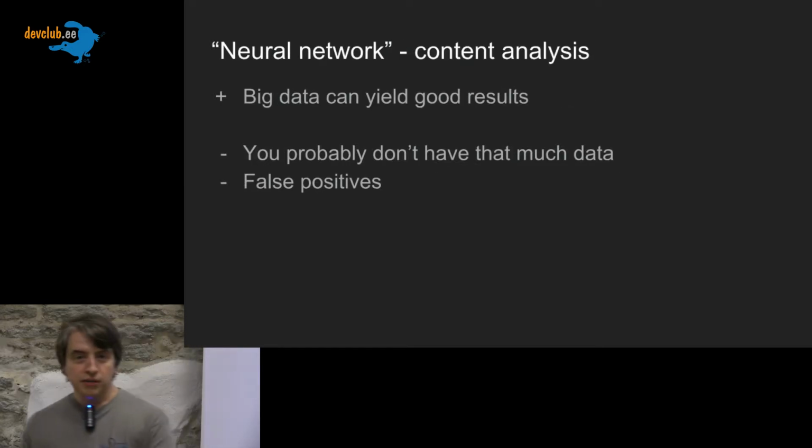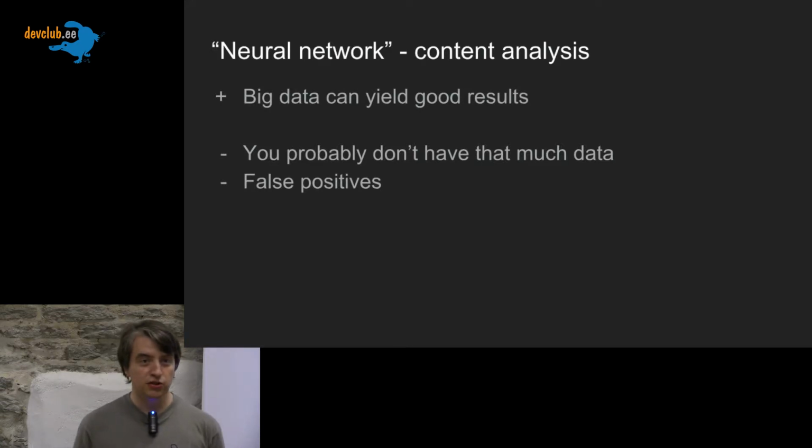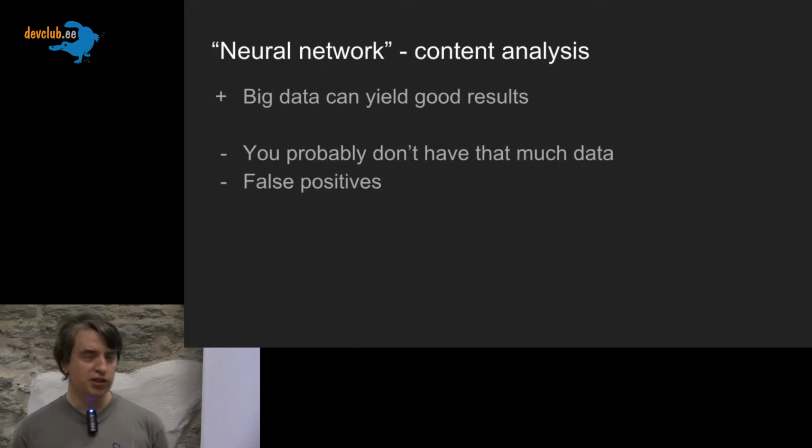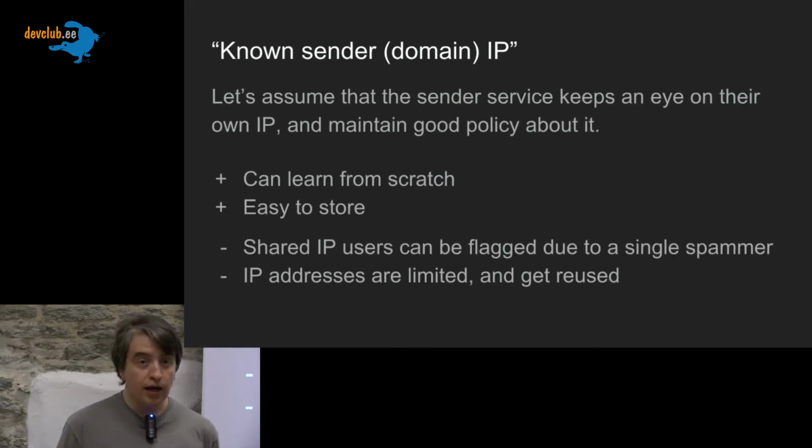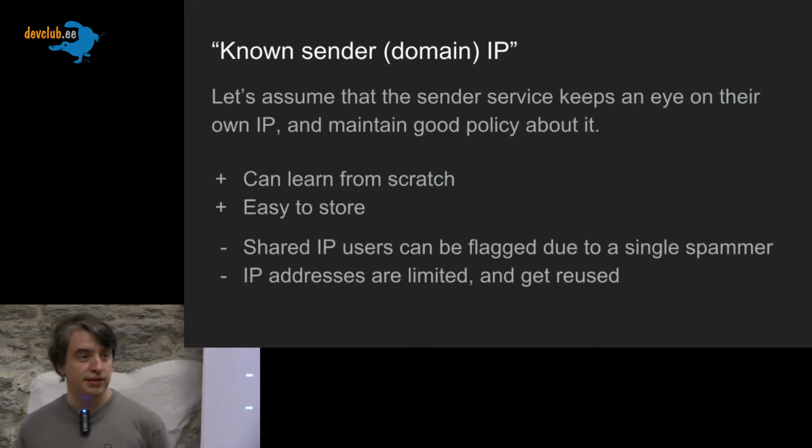You can use some kind of AI or artificial intelligence to sort through your emails. In the past, you probably have marked something as spam, something as not spam, and the machine could technically take over, because you showed what you like and what you don't like. And you can try to whitelist IPs.